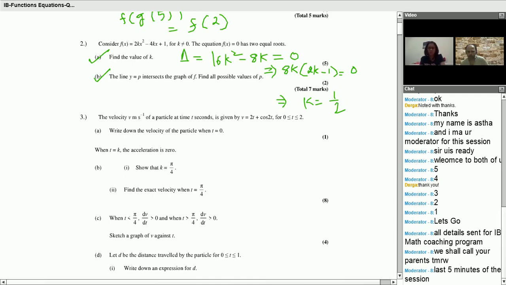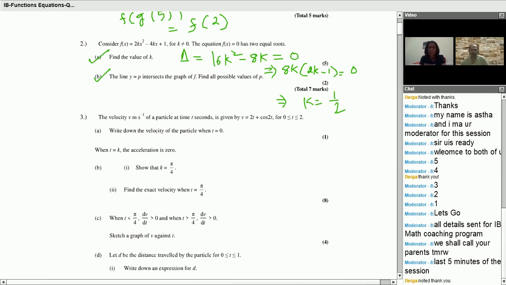Okay. So what about this one? Now how are we supposed to get this? That means if y equals p is horizontal, you can't just let p equal 2, because if f of x is 2kx squared minus 4kx plus 1, technically does it not mean that p is equal to that formula?